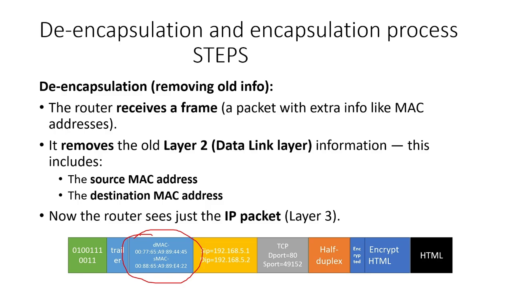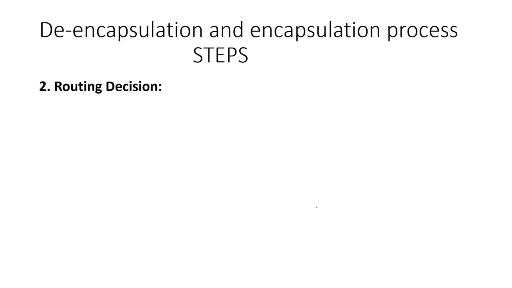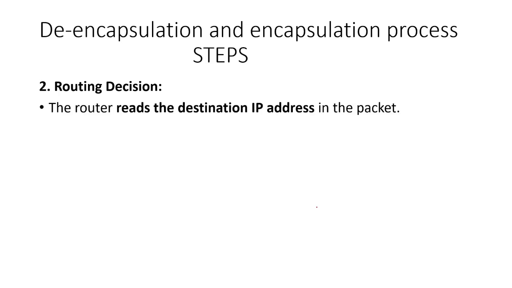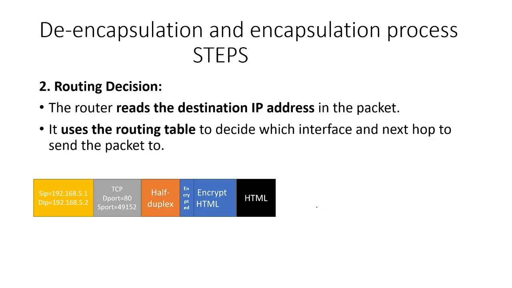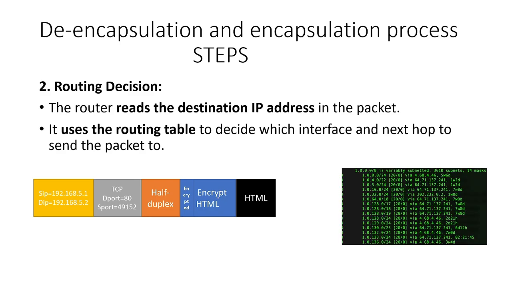Now the router just sees the IP packet layer. This is layer 3. The next step is the routing decision. The router reads the destination IP address in the packet, and then it uses the routing table to decide which interface and next hop to send the packet to.